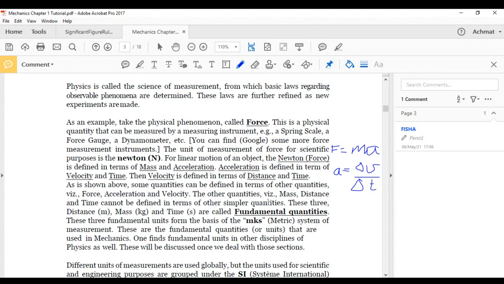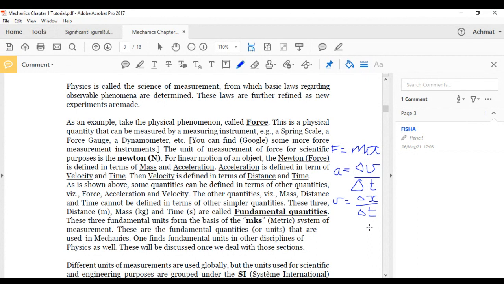And then what do we know about velocity? We know that velocity can be defined as the change in, I'll use letter X. At school, when I was at school, we used S for displacement, but anyway, let's just use X for distance: change in distance over change in time.